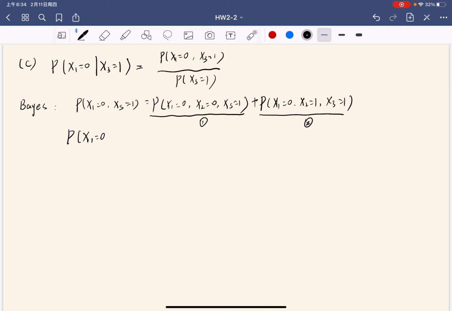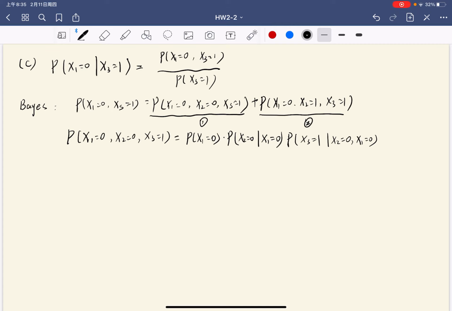The first part, P(x1 = 0, x2 = 0, and x3 = 1), equals P(x1 = 0) multiplied by the probability of x2 = 0 occurring under the condition x1 = 0, and then multiplied by the probability of x3 = 1 occurring under the condition that x2 = 0 and x1 = 0 occur.